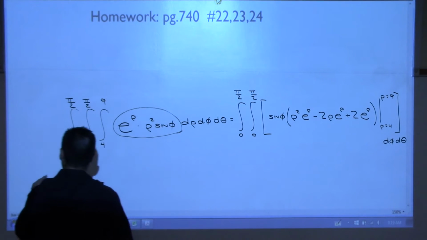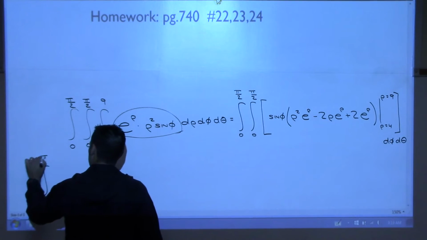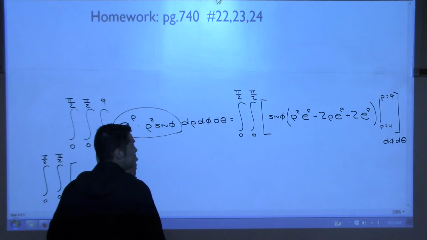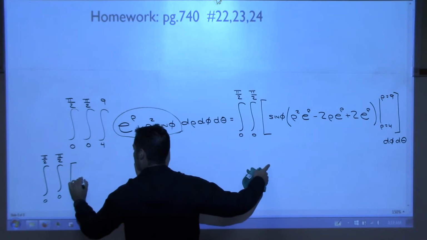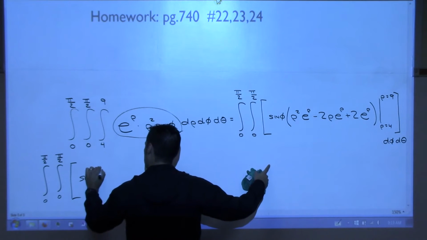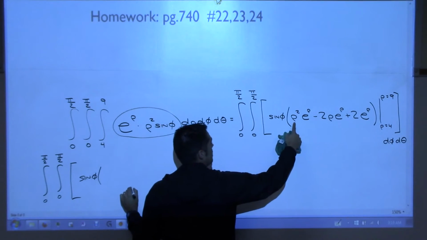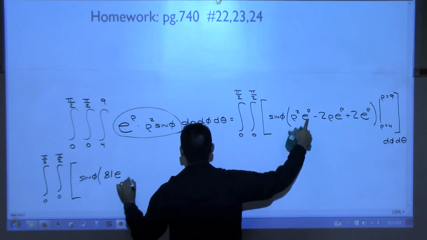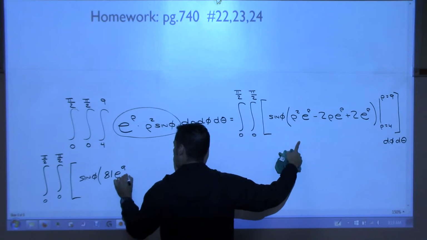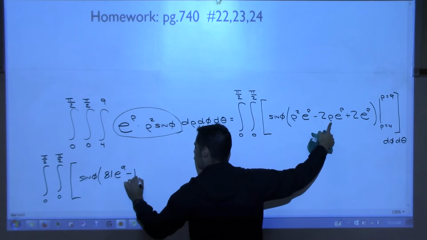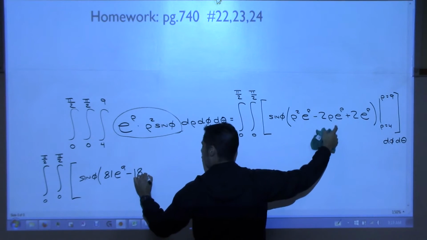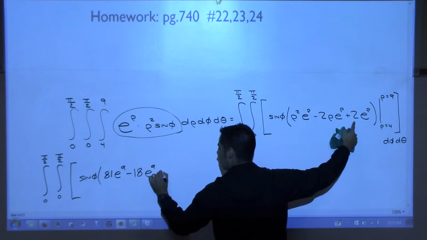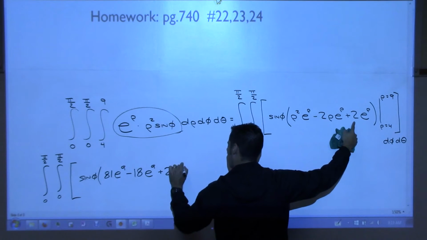So let me try that. This is going to be integral 0 to pi over 2, integral 0 to pi over 2. All right, let's plug in 9 for rho. I'm going to have sine phi times 9 squared is 81 e to the rho, but rho's 9, so e to the 9th, minus 2 times 9, 18, e to the 9th again, and then plus 2e to the 9th there.